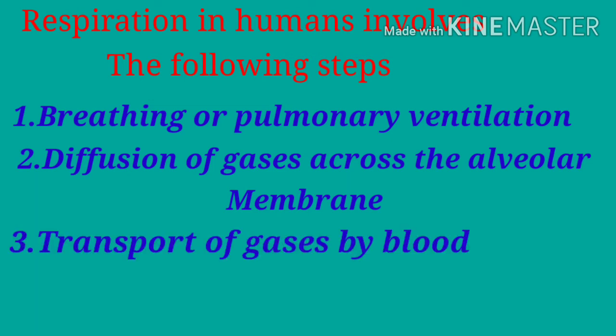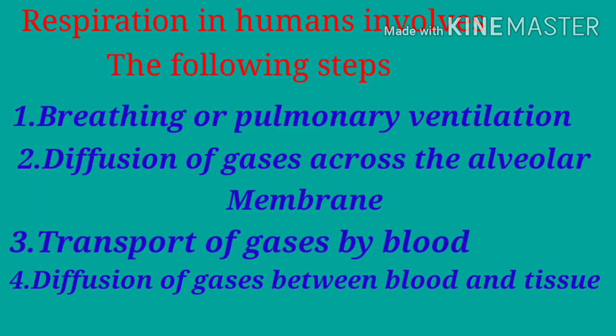The third one is transport of gases by blood. Blood transports oxygen and carbon dioxide. Oxygen is transported by the blood from the alveoli of the lungs to the tissues. At the same time, carbon dioxide is transported by the blood from the tissues to the lungs. The fourth one is diffusion of gases between blood and tissue.